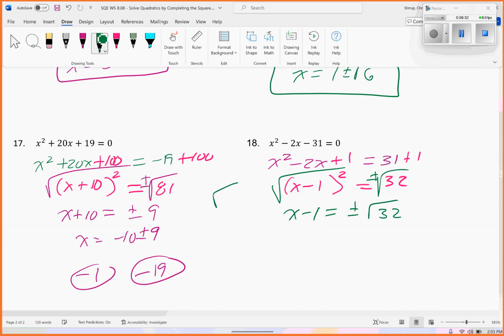And then root 32. Does root 32 break down to one of those blue perfect squares? See, 25 doesn't work. Does 16 work? Yeah, 16 times 2. What's the square root of 16? 4.